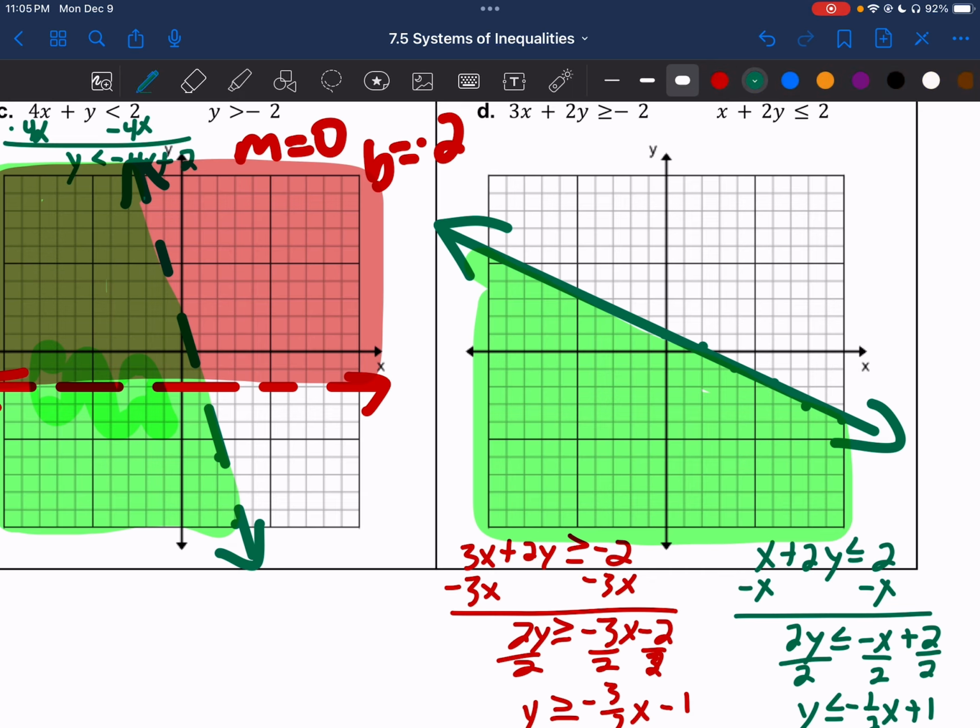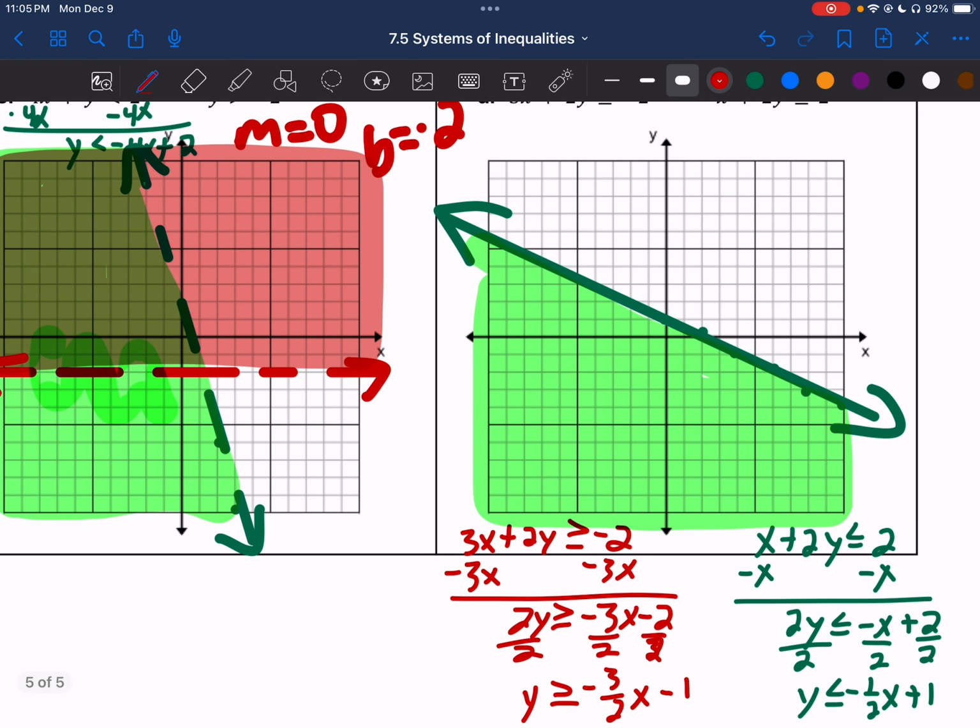And our second inequality was y is greater than or equal to -3 halves x minus 1, so I have a point at -1. And the slope is -3 halves, so I'm going down 3 and to the right 2. Down 3, right 2. And you're going to draw your line in.